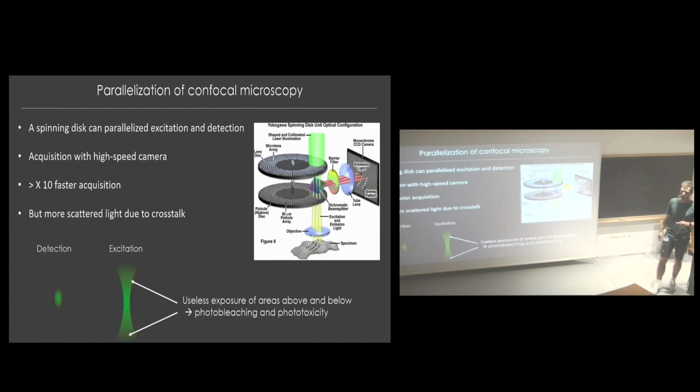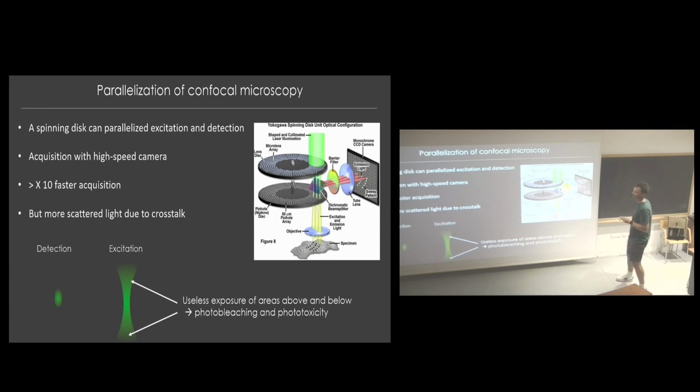So to reduce this phototoxicity and to go faster, a few decades after confocal microscopy, there was a proposition to use a parallelized version of confocal microscopy, which is called a spinning disk. The idea is, instead of using only one pinhole, you use an array of pinholes. And by doing this, you image plenty of different points of your sample at the same time.